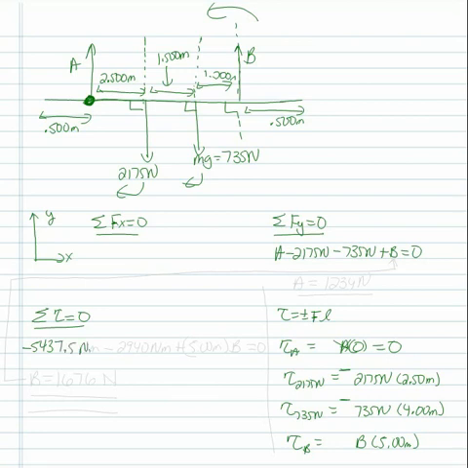The second torque, where the 735 is, negative 2940 Newton meters, plus 5 meters times B equals 0. There's our torque equation. The hard part is calculating the torques. The easy part is shoving them in here. So now we can solve this.